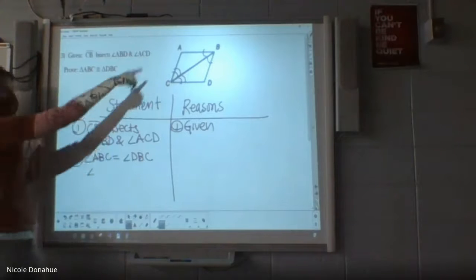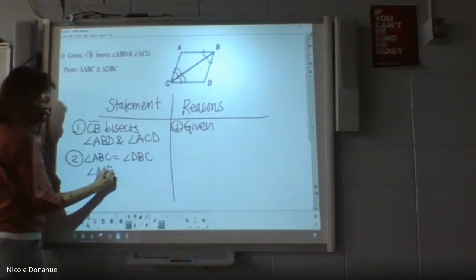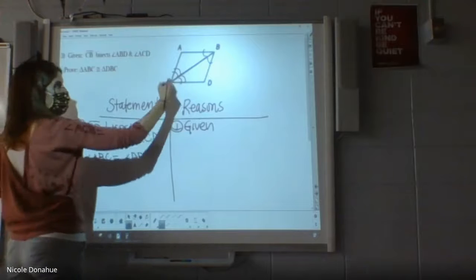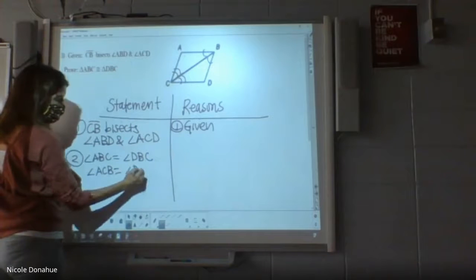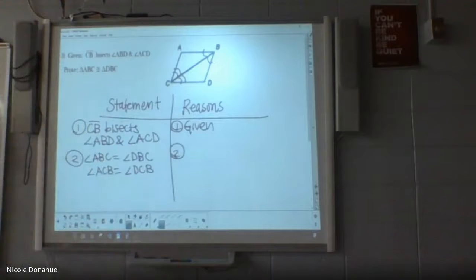I'm gonna also do this side too, ACB, and then DCB. So again, what we just did there is we marked that up because the angle was bisected. So if you're asking what the reason is, that's all it is, an angle bisector.